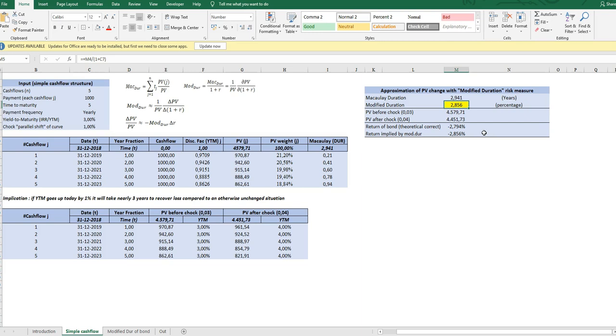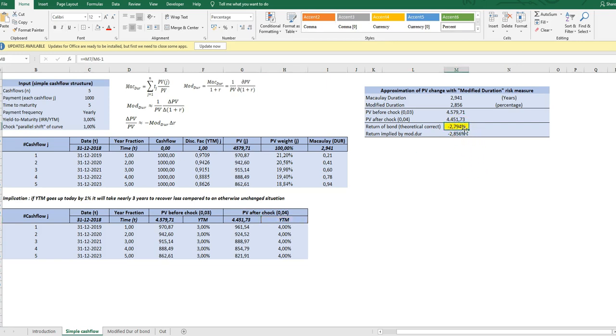And let's see that. If you look at the present value before a shock, we discount it by 3%. So this is the original present value of the cash flows. That gives us this one. And if we shock the curve or the yield to maturity by 1% upwards on all maturities, we will end up with a lower value, which is calculated down here, where we price the cash flows on a higher yield to maturity curve.